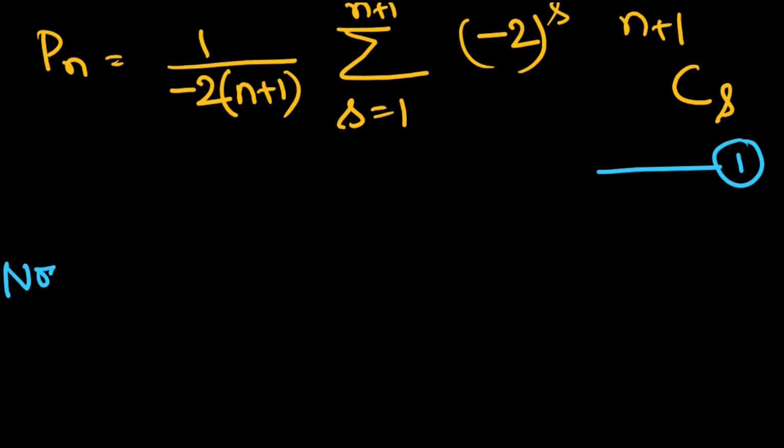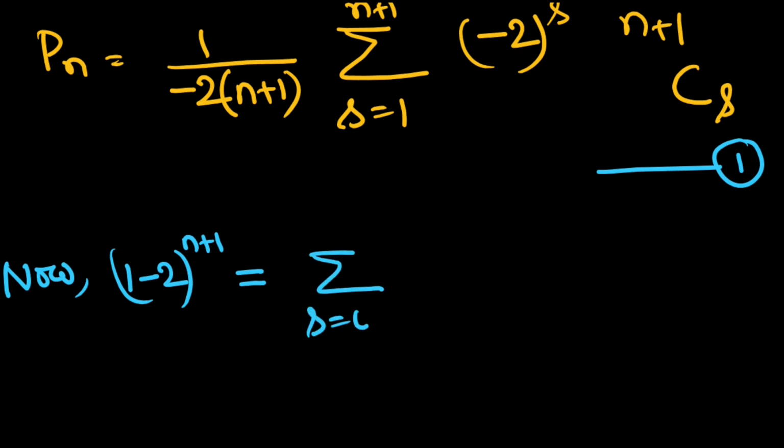Now see carefully, 1 minus 2 to the power n plus 1. If we break it with the binomial expansion, then it is summation s is equal to 0 to n plus 1 of minus 2 to the power s, n plus 1 Cs.